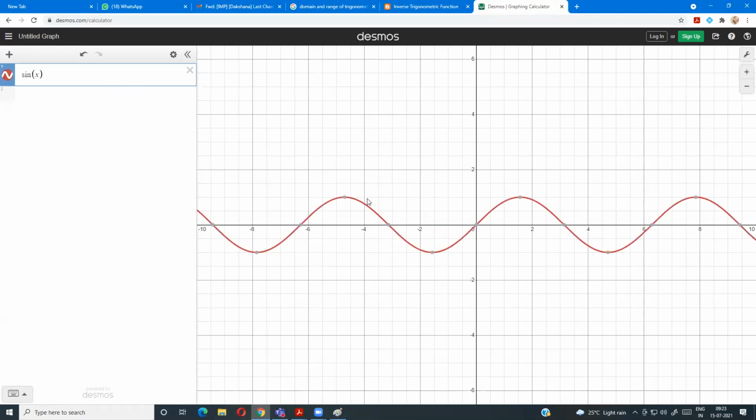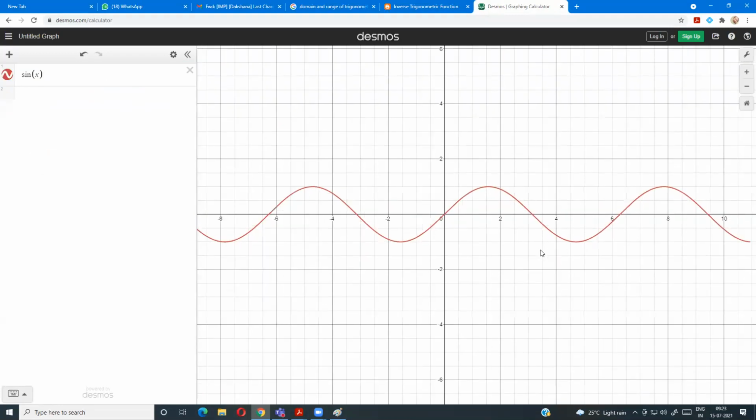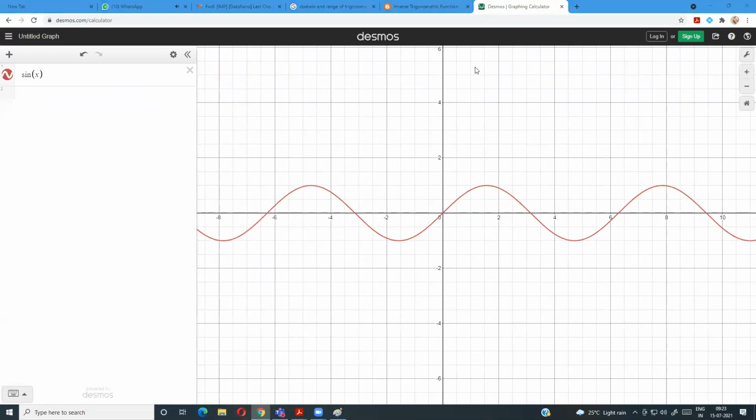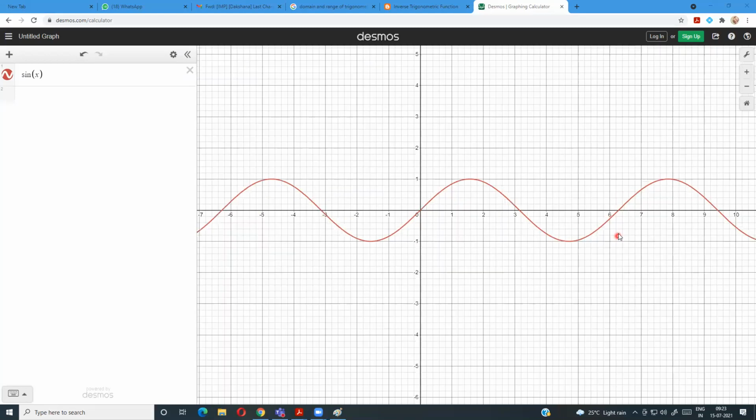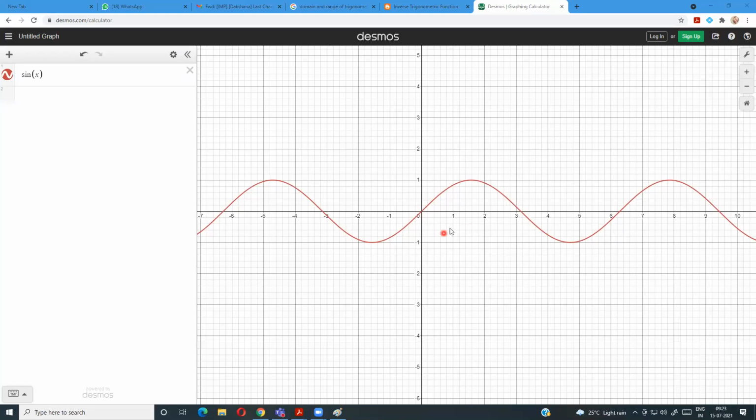Look at sin x, the graph of sine. From 0 to 2 pi, it is given in radian. You can see the cycle here, this green portion is one cycle. This is 0 to 2 pi radian. After that, the graph is repeating. So clearly it is not 1-1.